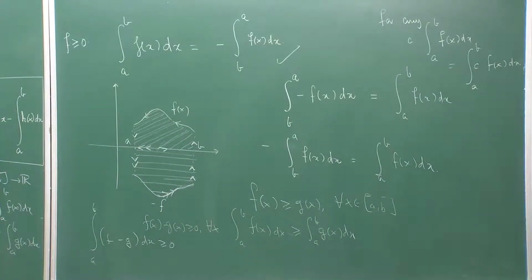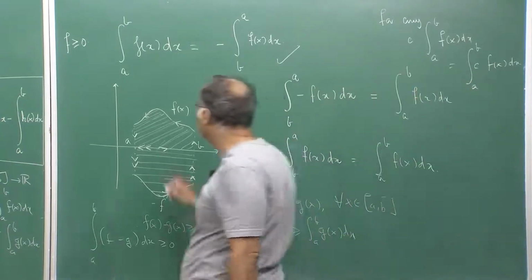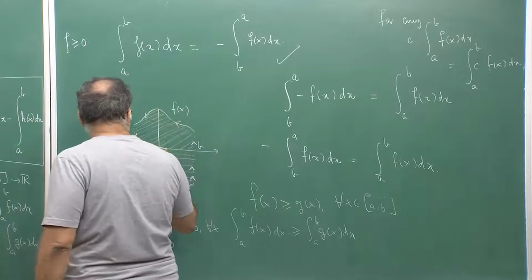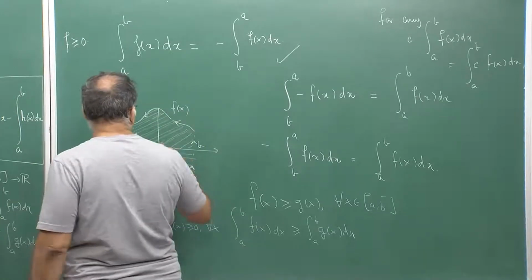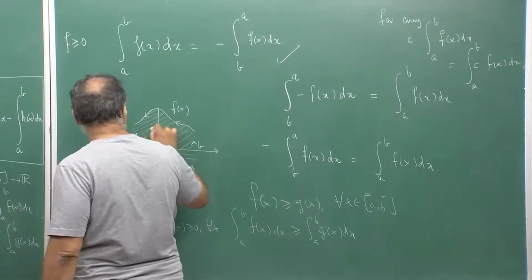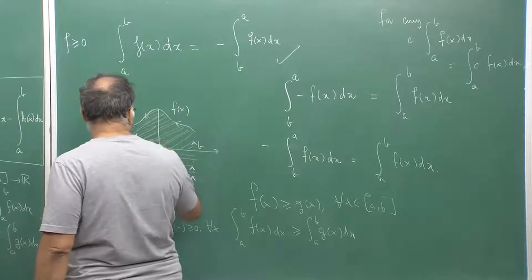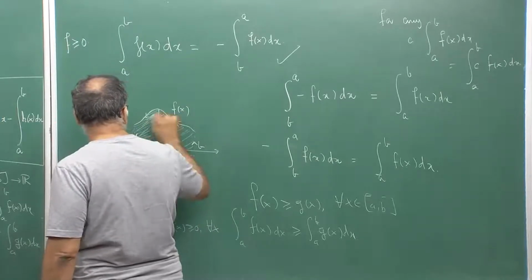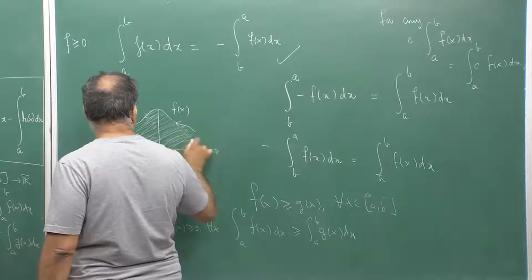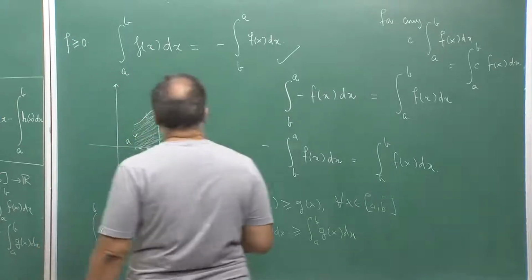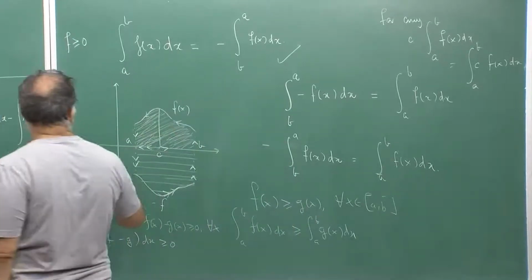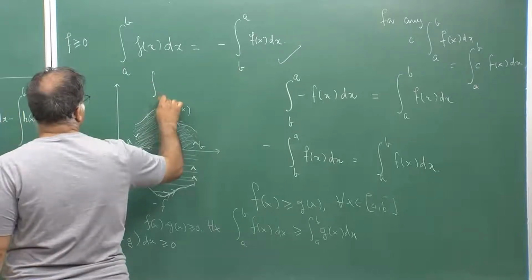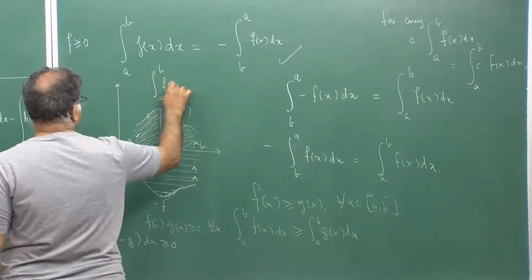There are several other formulas. I am not going to write all the formulas. If you take some number c in between, then I can first calculate the area from this to this and the area from this to this. Basically it says that it is true for any function, integral a to b fx dx.